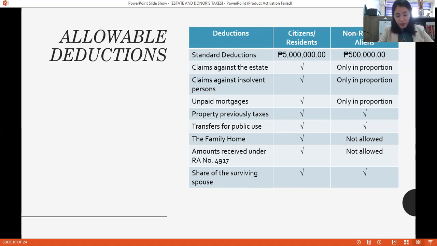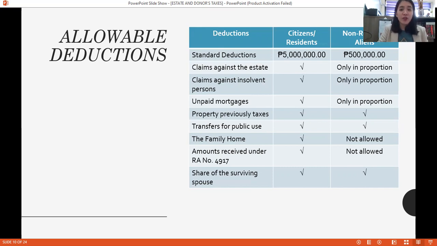So, we have claims of the deceased against insolvent persons. First, sino yung mga insolvent persons? Sila yung mga tao na wala na silang means of paying their liabilities. So, meaning to say, yung assets nila is less than their liabilities. So, opposite ito ng claims against the estate. Kasi yung claims against the estate, utang yan ng decedent.